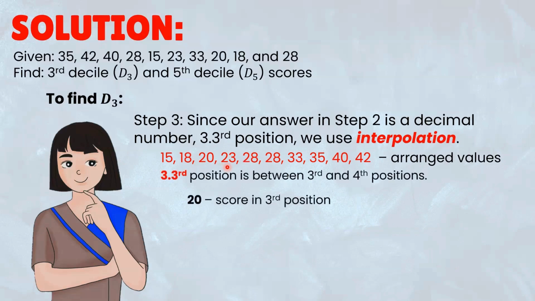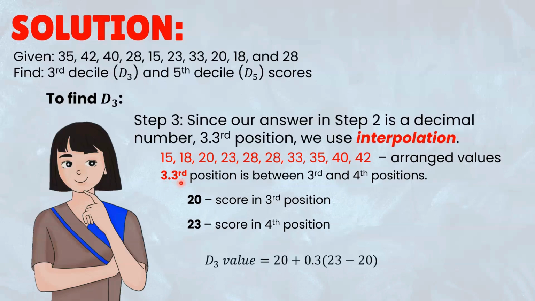Now, the score corresponding to the third position is 20, and the score corresponding to our fourth position is 23. Now, to find the corresponding score in the 3.3 position, we have to add the third score and the 0.3 score.